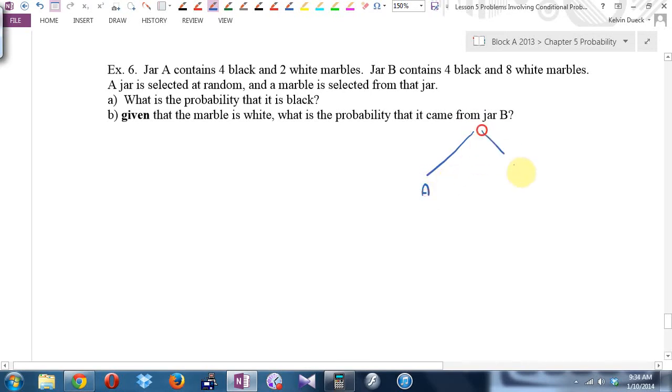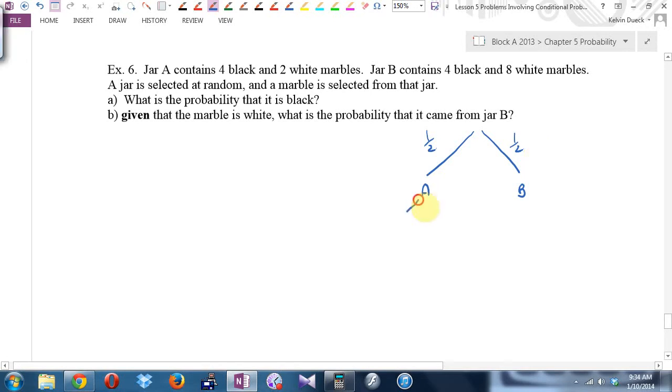Jar A, jar B. What are the odds that we pick jar A? I think it's a half and a half because they didn't give me any kind of a procedure to go through. I said to you, sometimes I'll let you pick a card or I'll change the odds somehow.